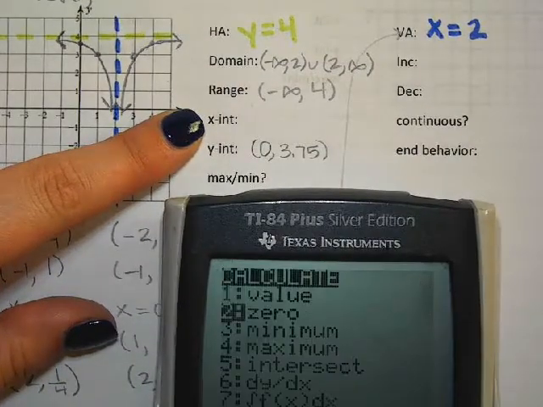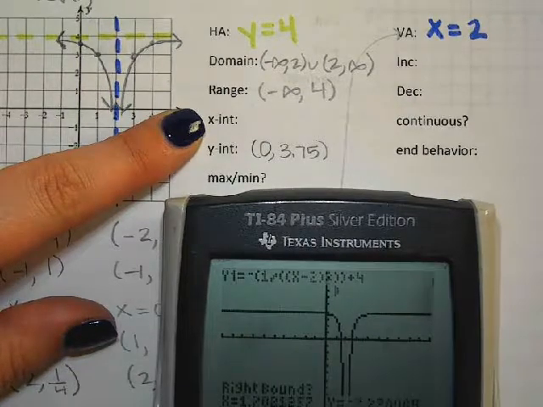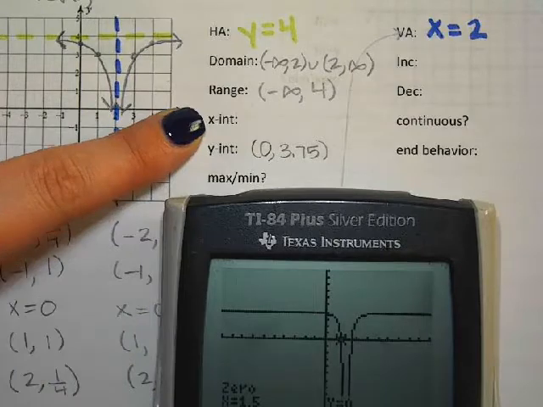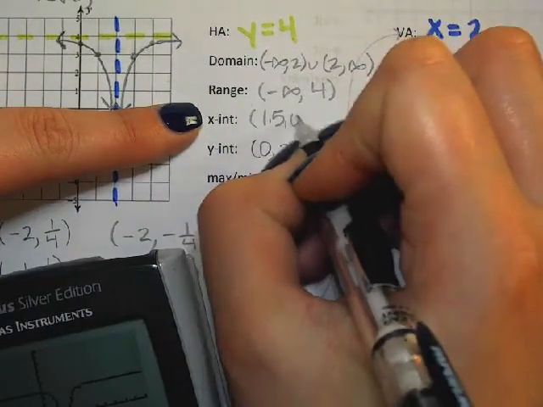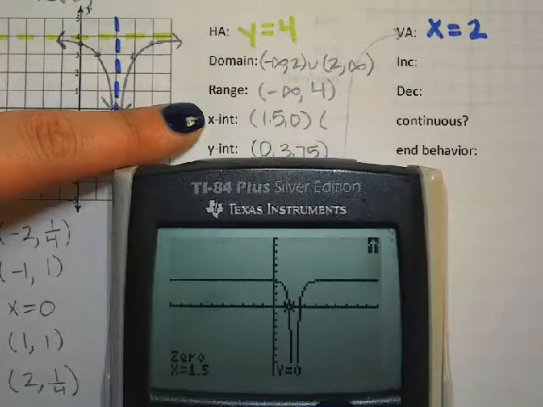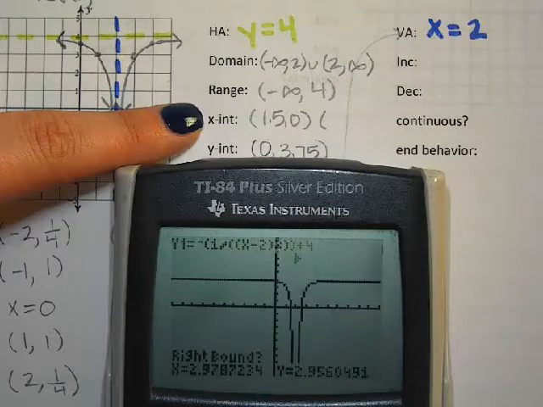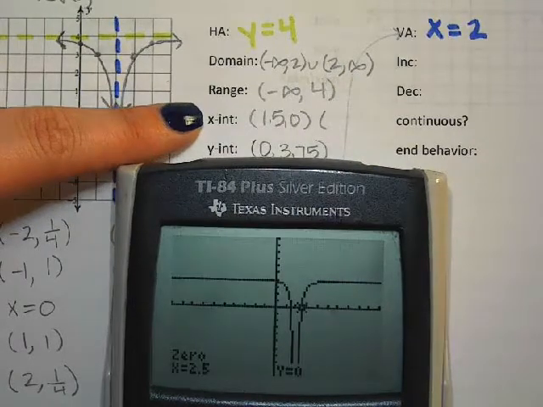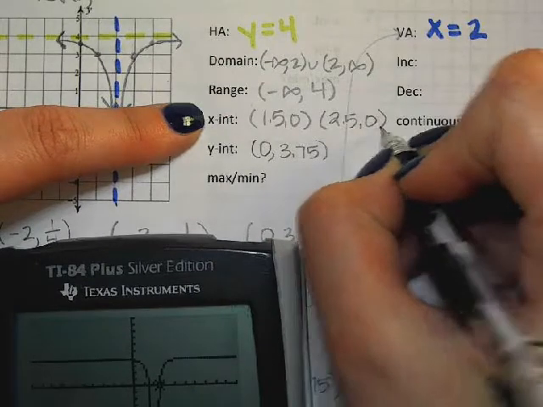So we got second trace number 2. We got our left bound. We got our right bound. So we got 1.50. Left bound, right bound, 2.50. Okay.